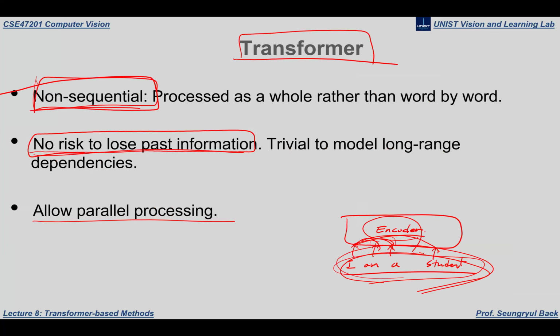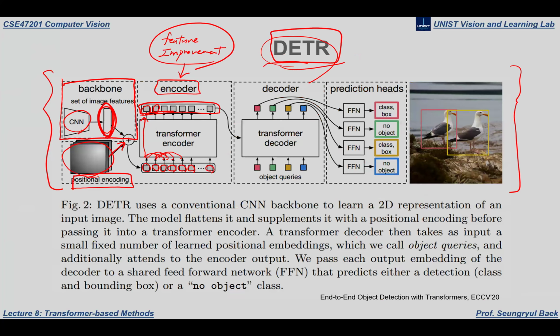So here we can interpret this as similar to that. In the encoder, we already have CNN-based image features, but we are improving them using the transformer's self-attention mechanism. Are you guys following this? So here we are getting improved features.